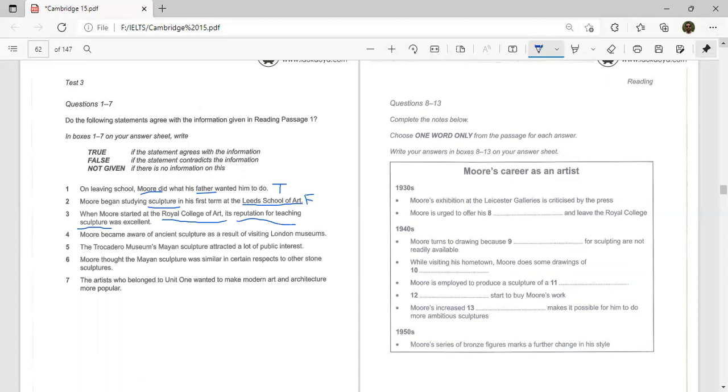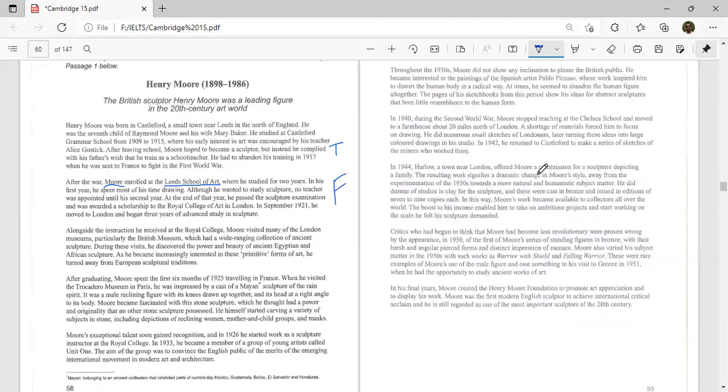Okay, so let's go back here. In the third passage, alongside the instruction he received at the Royal College, Moore visited many of the London museums, particularly the British Museum, which had a wide range collection of ancient sculpture. During these visits, he discovered the power and beauty of ancient Egyptian and African sculpture.